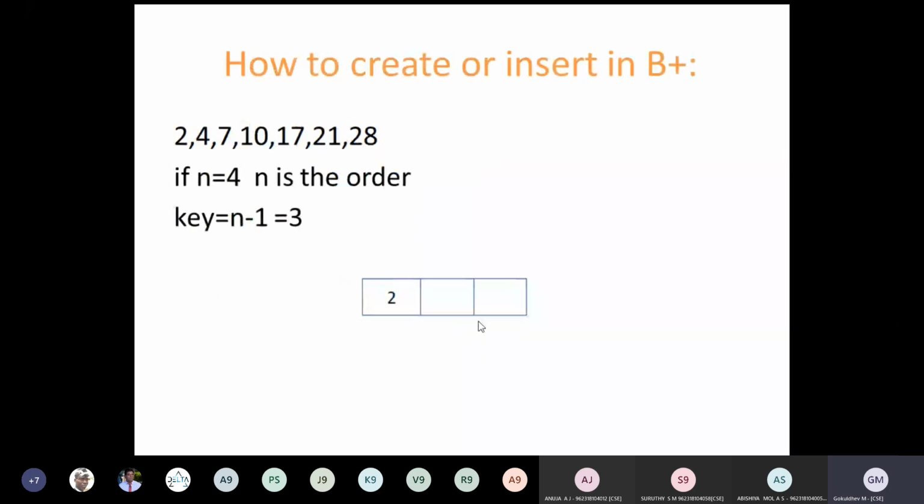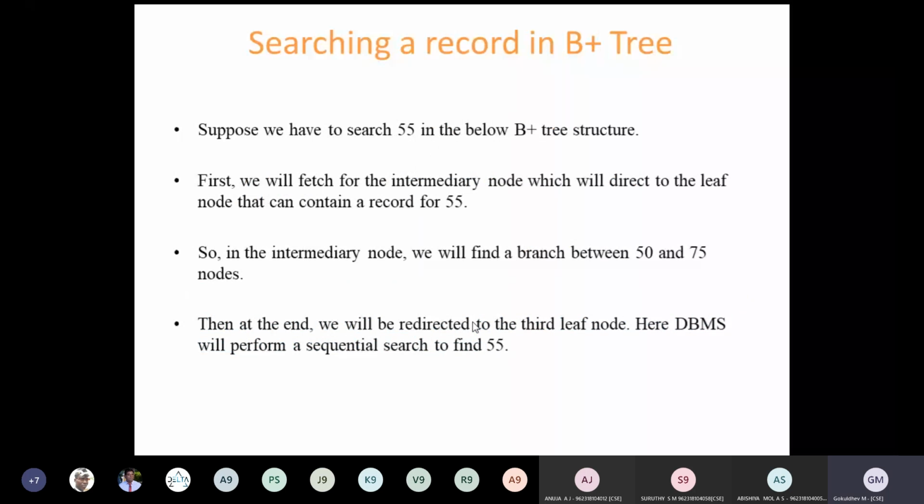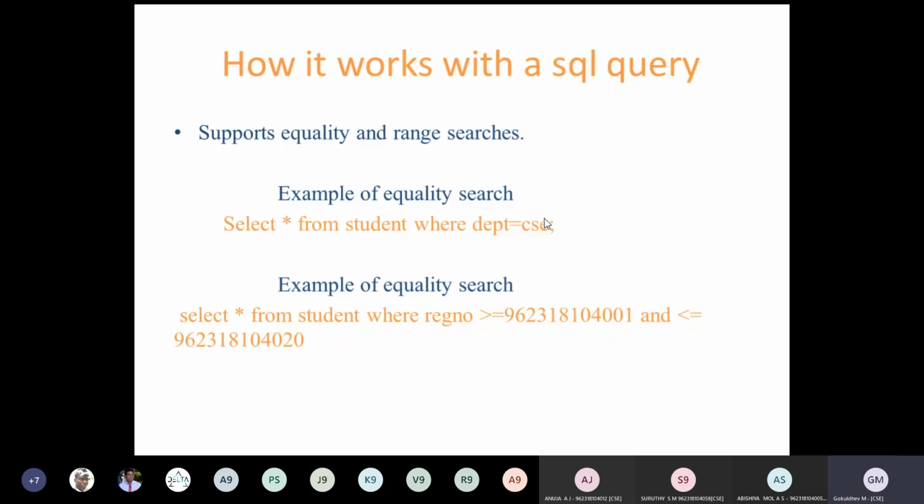You should remember this. Whenever you are coming across this query, you should remember that we are using B tree as well as B plus tree, right? And please change this one. This should be range search. I typed it as equality. It should be range search.